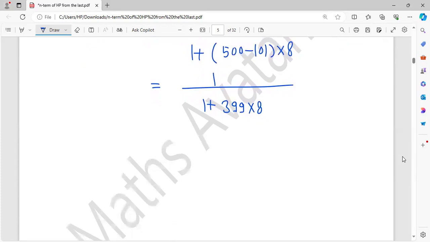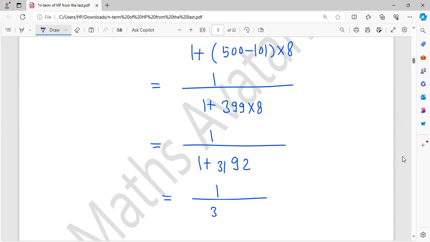So solve it. So this is 1 plus 3192, which is 1 upon 3193. So this is the answer.